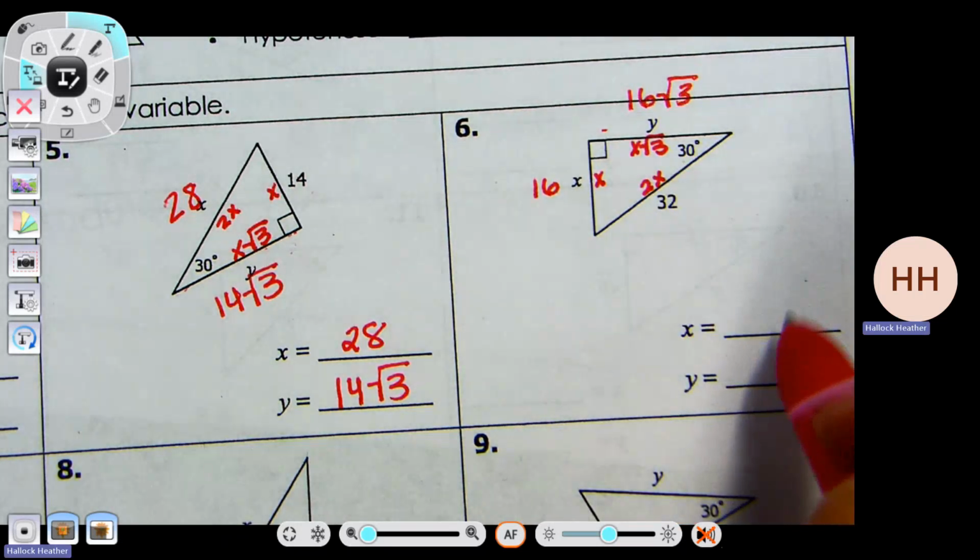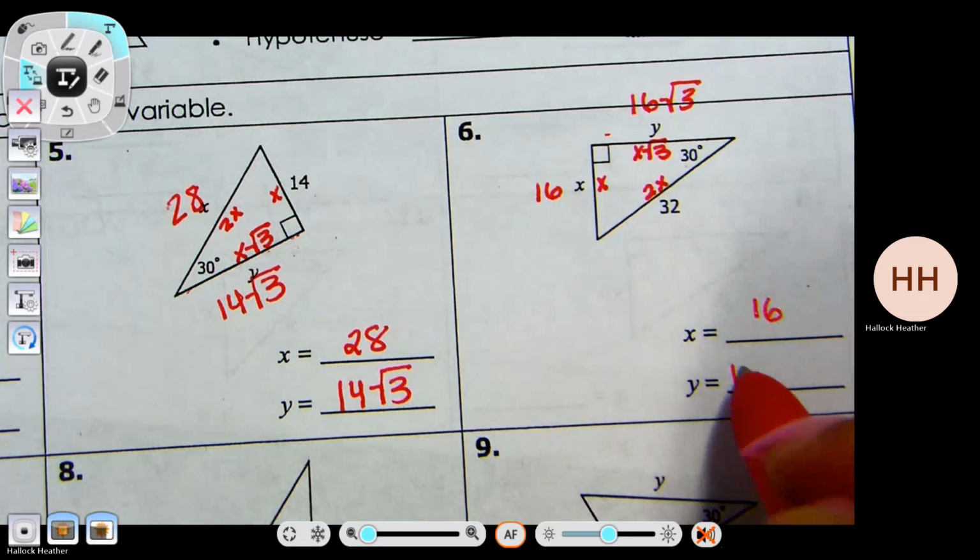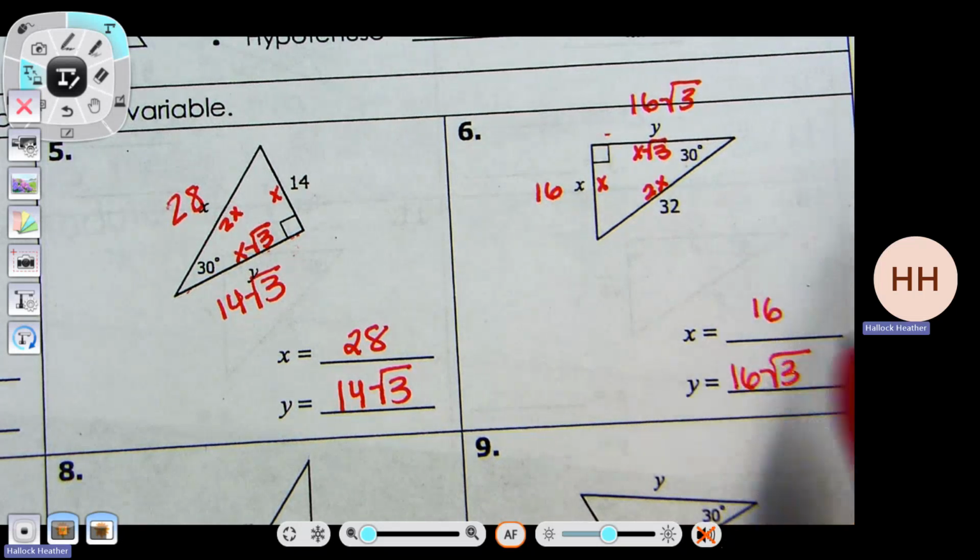So try number 7. Number 6 is just like number 7.